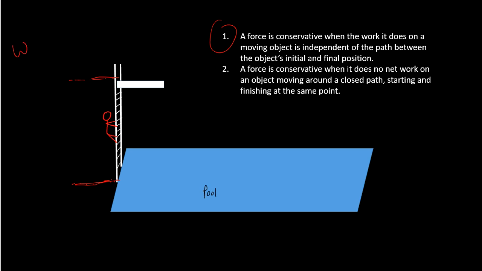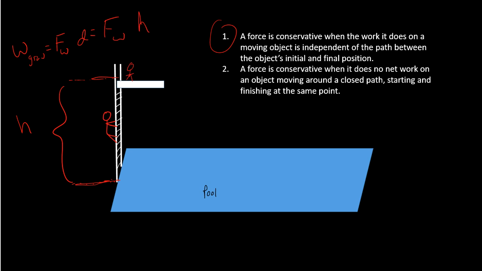The work done by the force of gravity is going to be the kid's weight, which isn't changing, times that displacement. And if we call this displacement h, that's Fw times h. Obviously, if the kid goes all the way up and then they're standing at the top, this is equal to the work.